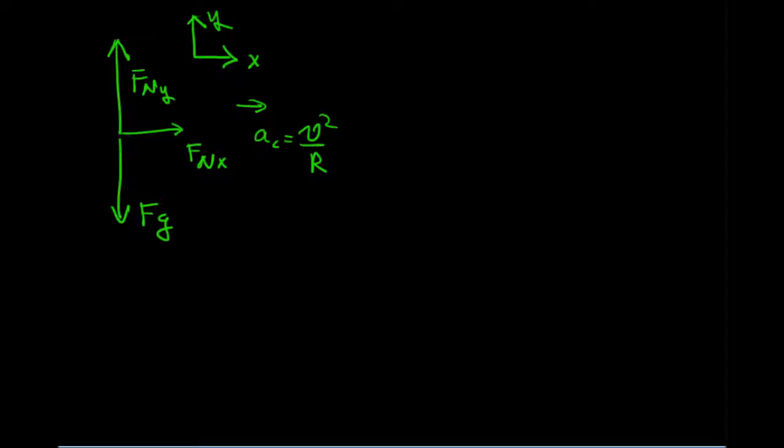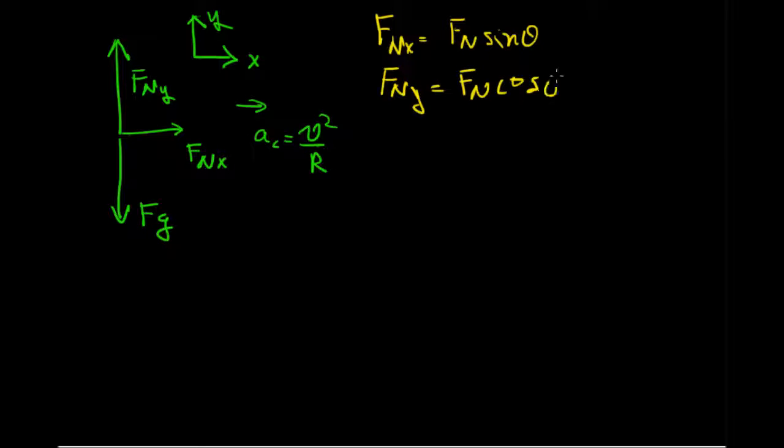So I've redrawn my free body diagram here, and I broke the normal force up into components, Fnx and Fny, from the previous screen. And so you can see this becomes a fairly straightforward problem. I already wrote down the definitions, but I'll rewrite them again. Fnx is equal to Fn sine theta, and Fny is equal to Fn cosine theta.